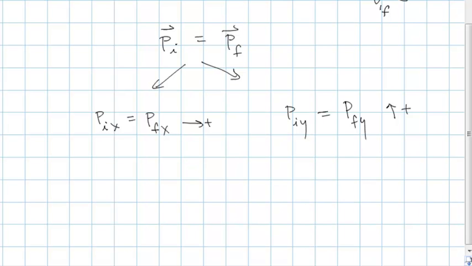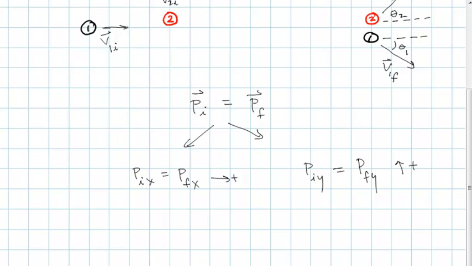Initially, we only have x momentum. In this particular problem, we have the mass of object 1 times v1 initial. It's going in the positive direction, and that has to equal our x momentum at the end of the problem.